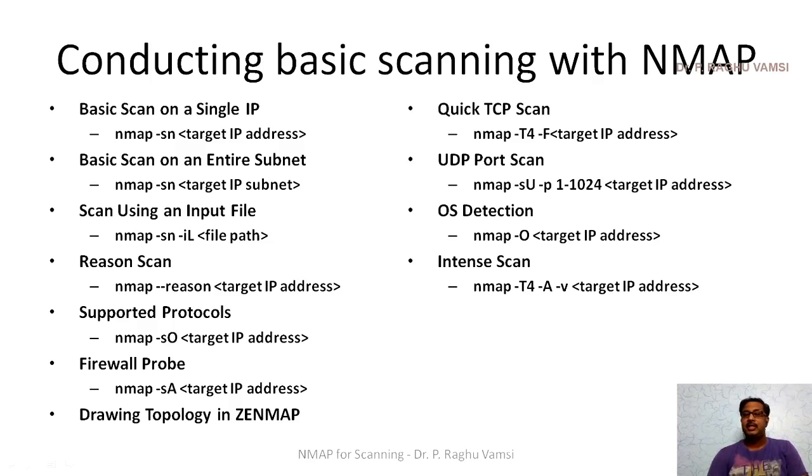DNS in general will use UDP as the supporting protocol for providing the DNS services. And next one is OS detection. What is the operating system that is running on the target system? Now we'll see the quick TCP scan, UDP scan, and OS detection by using the Nmap tool in Kali Linux.